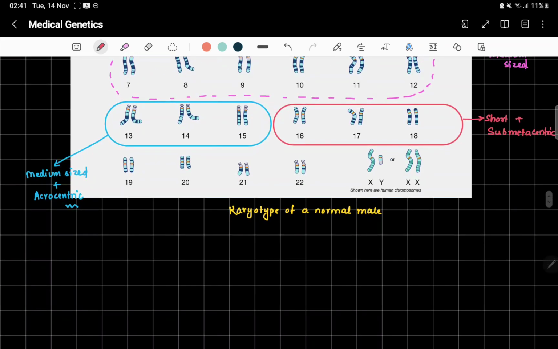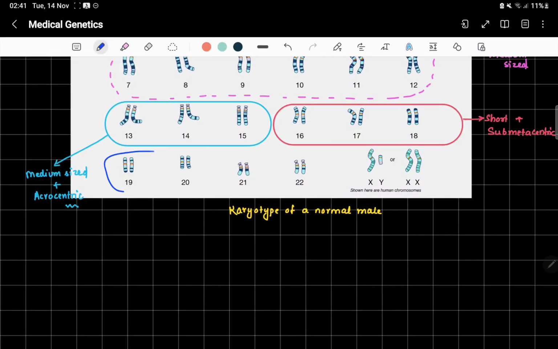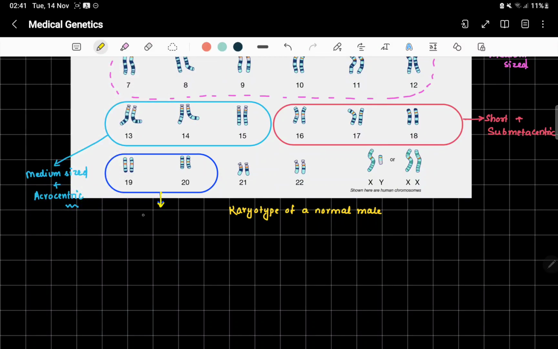Okay, 19, 20, 21 they are short and metacentric because they are very small, so the shape nearly becomes metacentric. From 19 to 20 these both are what? Short and metacentric.